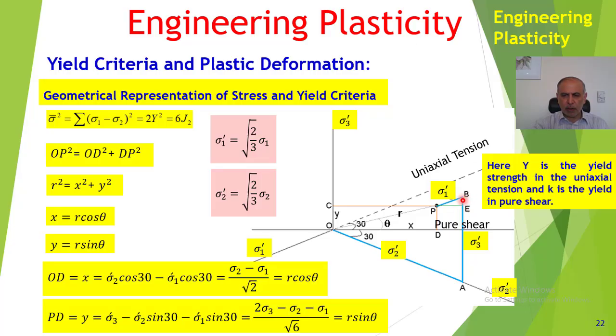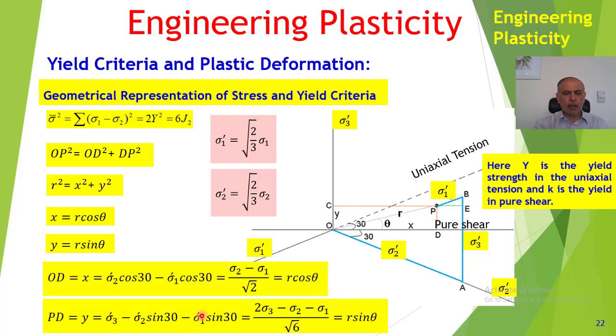So AB minus BE and minus this part becomes this part, which is equal to PD. Okay, so PD is equal to, again, substitute for sigma 1 prime, 2 prime, and 3 prime, and we get this 2 sigma 3 minus sigma 2 minus sigma 1 over root 6 equal to r sin theta.